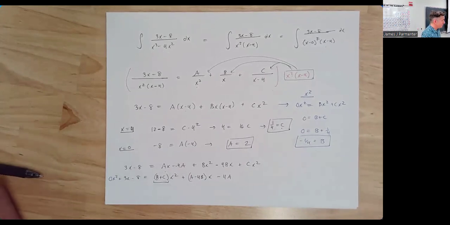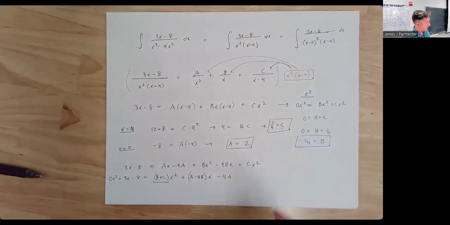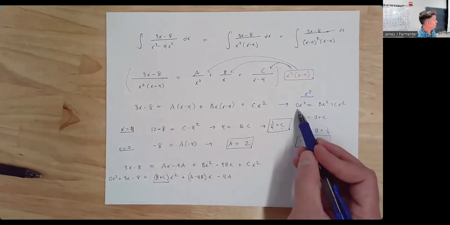No other option, yeah. Wait, where'd you get the 0x squared equals bx squared plus cx squared? Well, so I identified that the highest power of x on either side of this equation was x to the what? Right. So I said, I'm going to use that. How much x squared do I have on the left side of this equation? None. 0x squared.